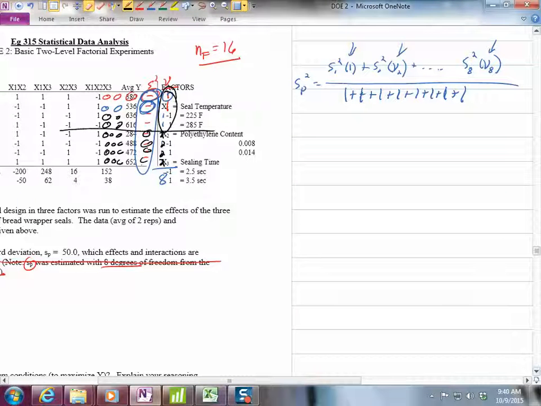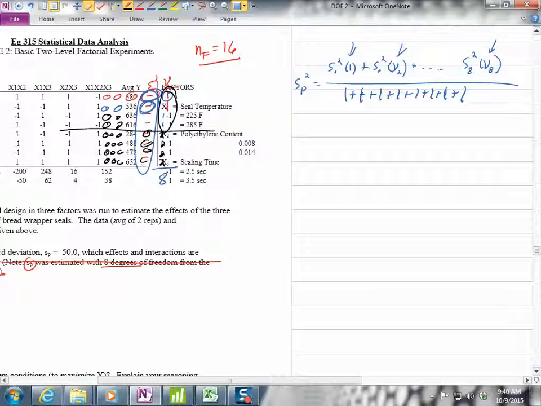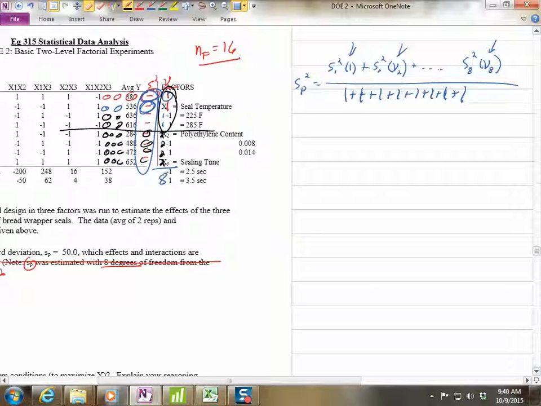All right, and then when we calculate SP squared, going by Derek's example, notice these bottom 4 variances will be weighted more heavily, right? Because we're taking that variance times its degrees of freedom when we're weighting it. And that makes sense, right? We've got more data in that variance.